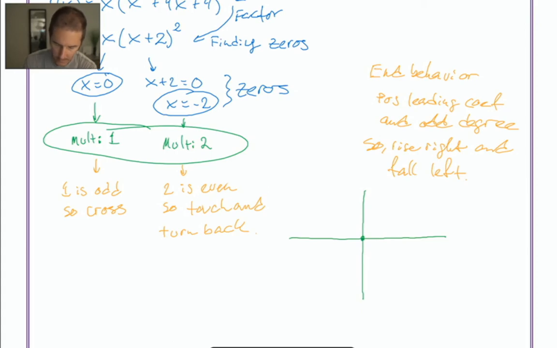At x equals -2, we have an intercept. We know that our graph is going to fall to the left, and it's going to rise to the right, and it's going to touch and turn back where x equals -2.